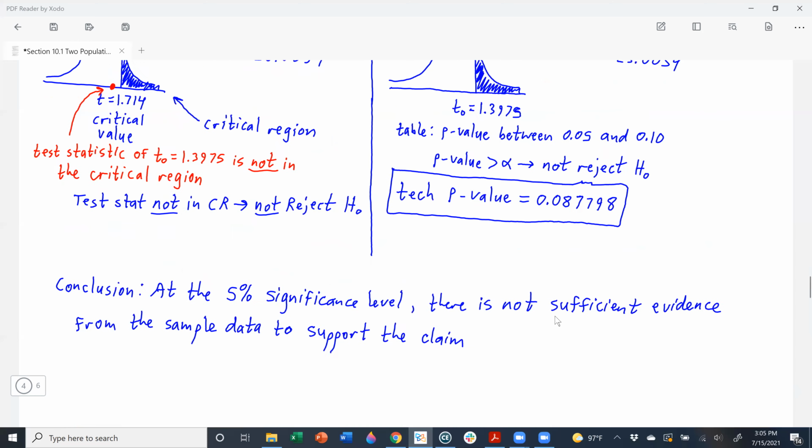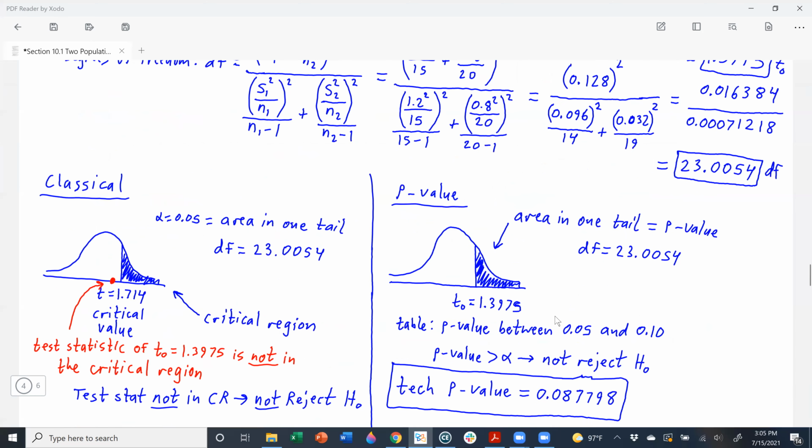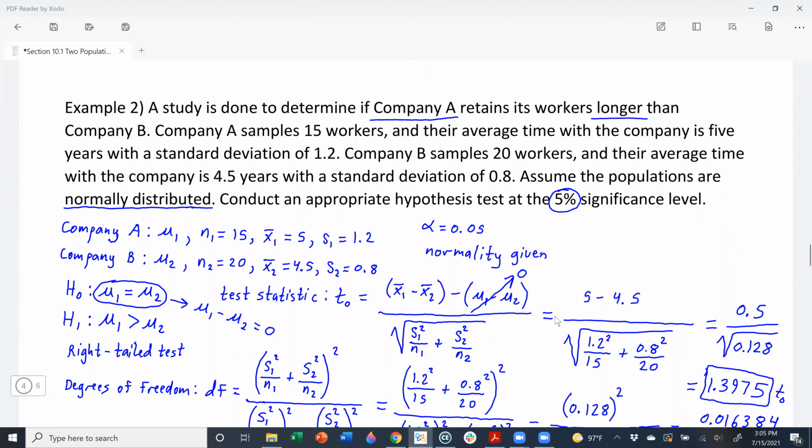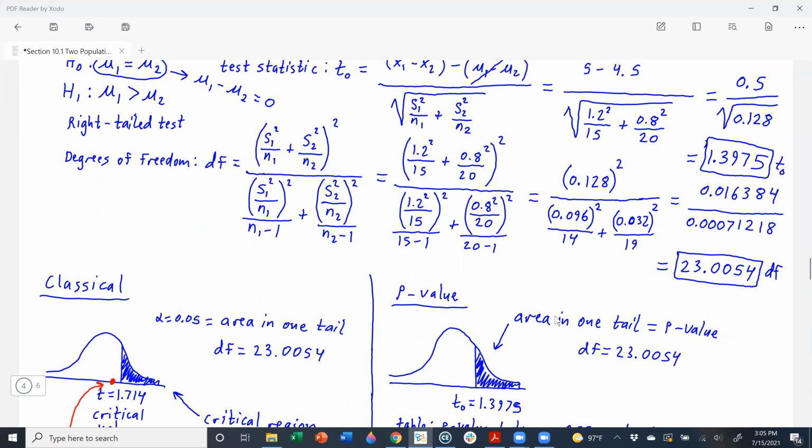Okay, and after all of this work, what were we actually testing? Okay, so going back up here, remember that we were just testing to see if company A retains its workers longer than company B. Okay, and we were not able to reject the null hypothesis, so we were not able to support that claim.